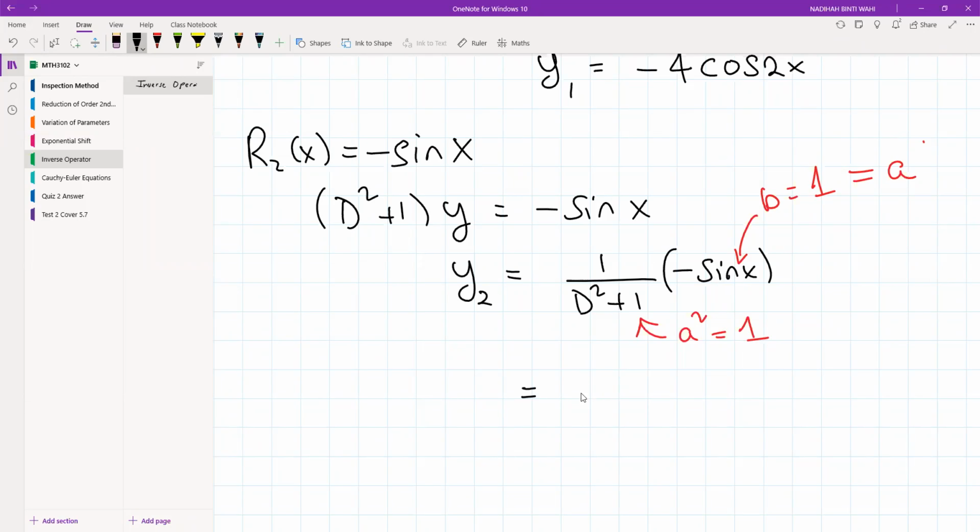So minus sin, so dia akan dapat minus of apa tadi, minus 2a kan. So x of cosine x bagikan dengan minus 2 darab 1. So akan dapat x cosine x over 2.